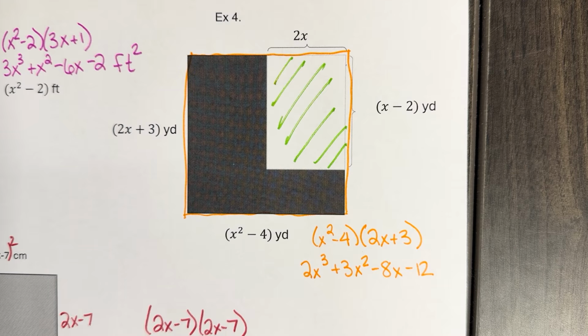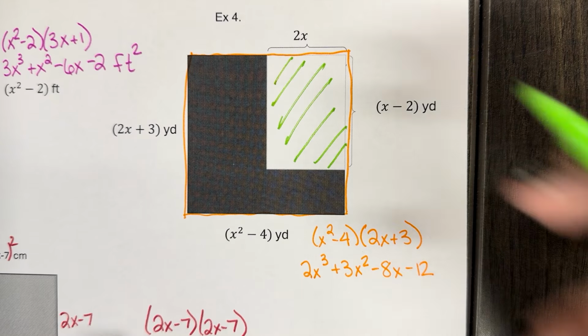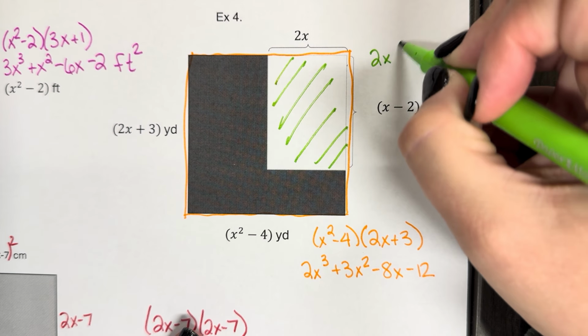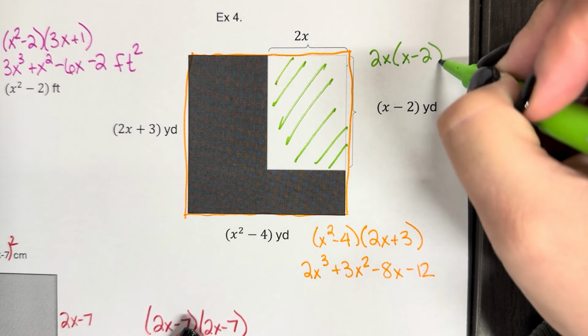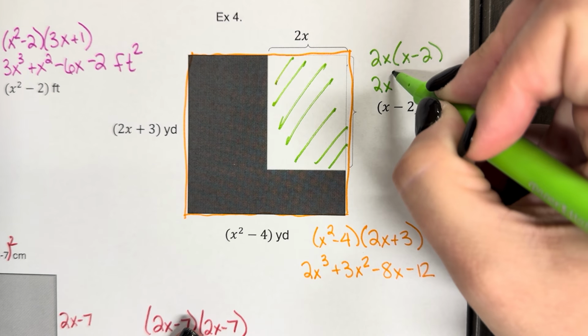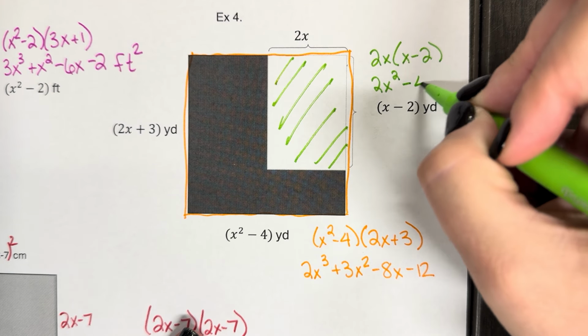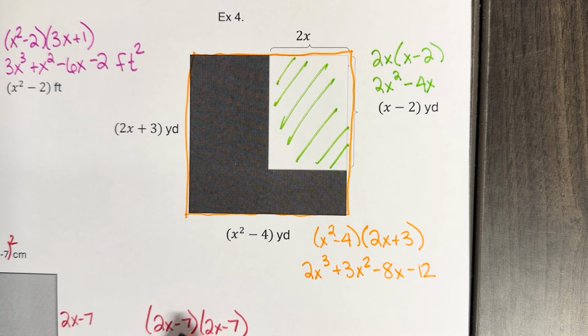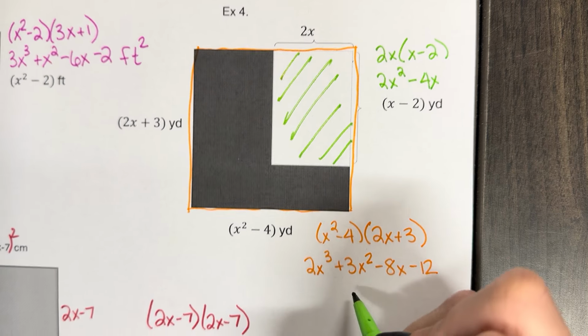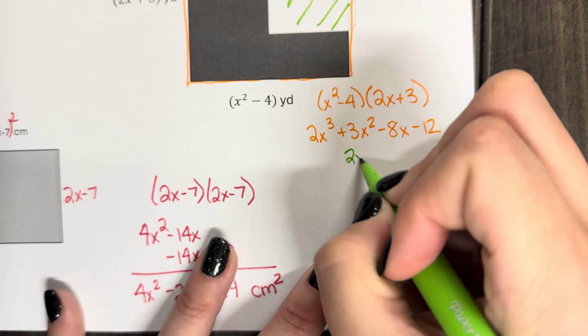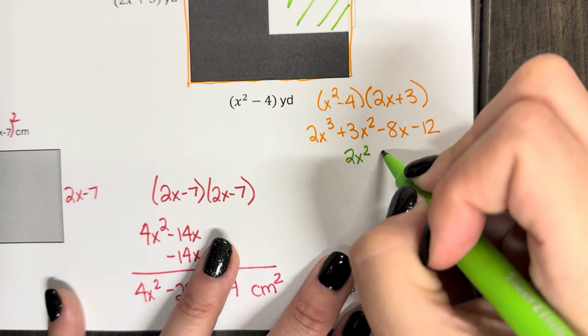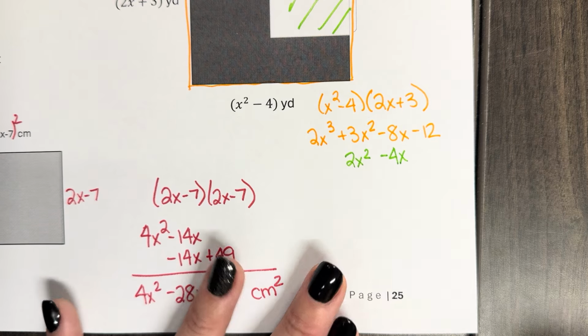So if I'm removing that part, I'm going to have to subtract that area off. Now, obviously, to subtract it off, I need to figure out what that area is first. So that area is 2x times x minus 2, which will be a 2x squared minus 4x. Okay, so I'm going to bring this down here, and I'm going to do 2x squared. I'm writing it underneath the like terms, minus 4x.